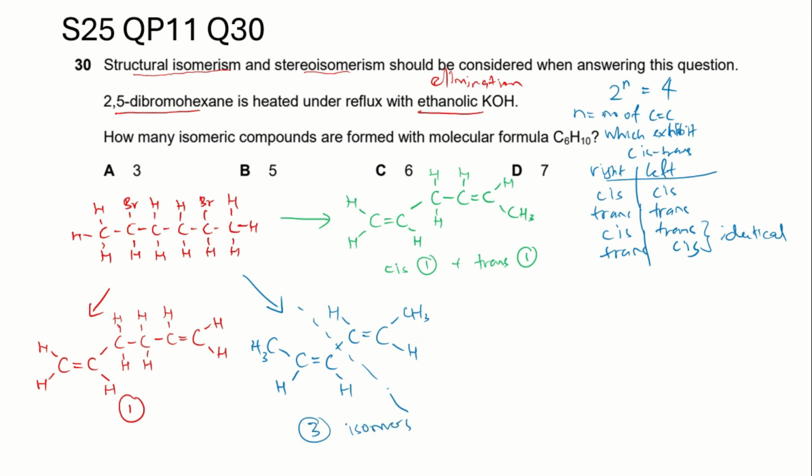Now let's look at the last elimination that we can do with this molecule. This time I will remove bromine and the hydrogen on the carbon on the right, the other bromine, and also the hydrogen on the carbon on the right hand side. So the fourth one will look like this.